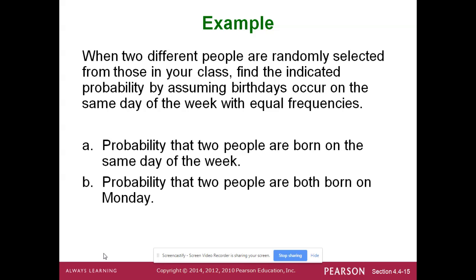Part A says: find the probability that 2 people are born on the same day of the week. So we're looking at the probability of A and B on the same day.